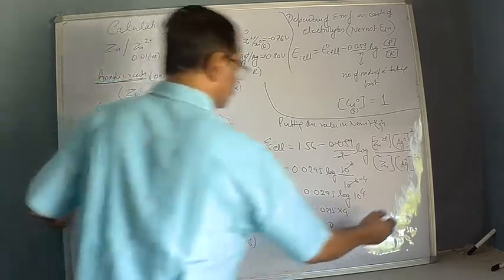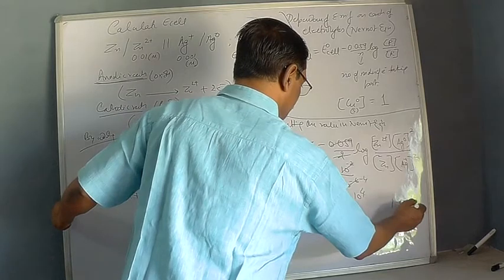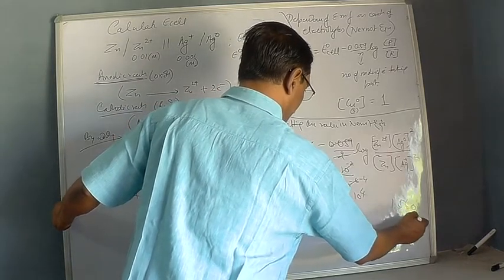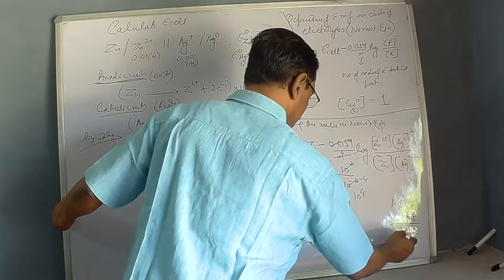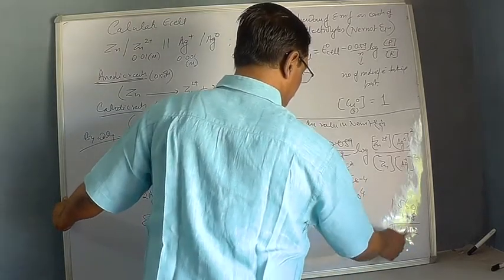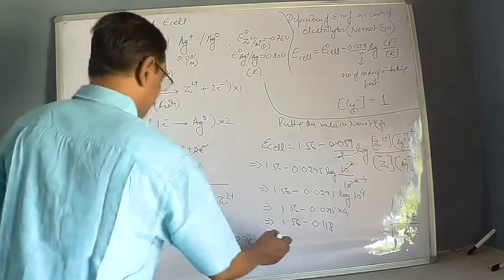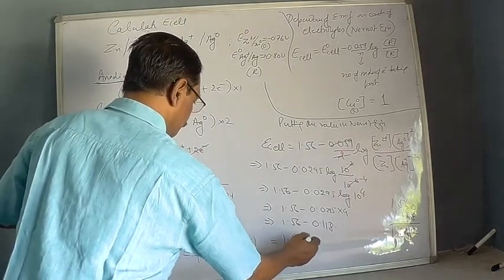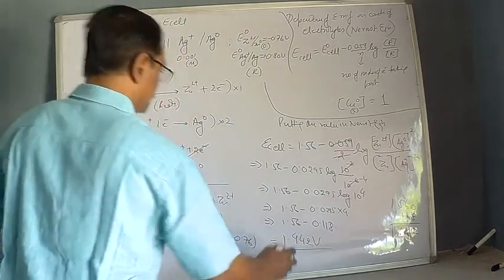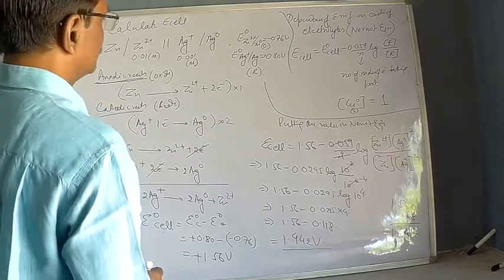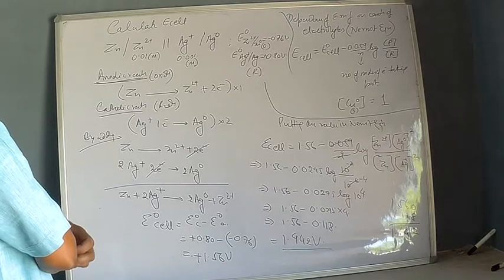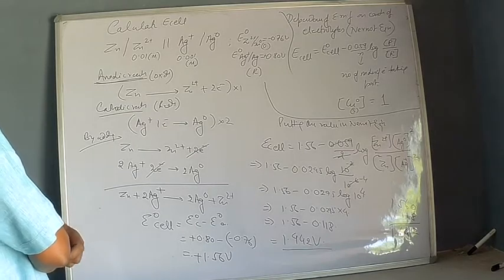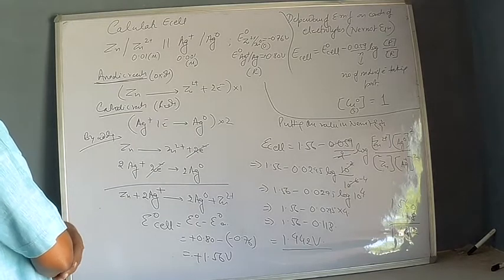So I'll subtract 0.118. Right, so I get my value 1.442 volts. So class, this is the way you can solve your Nernst equation.